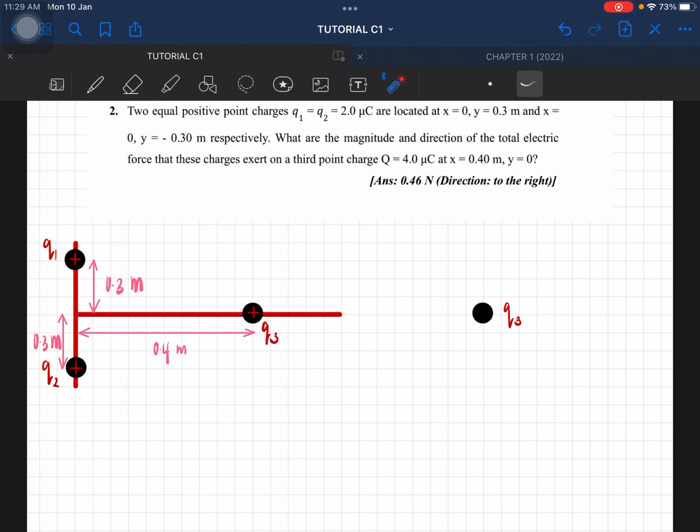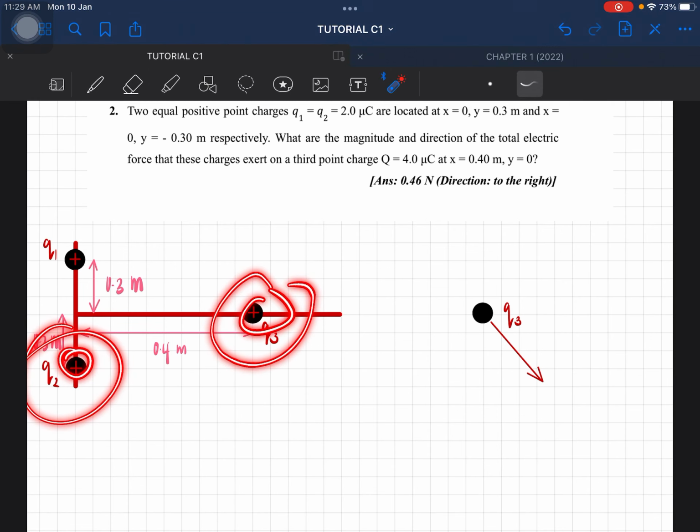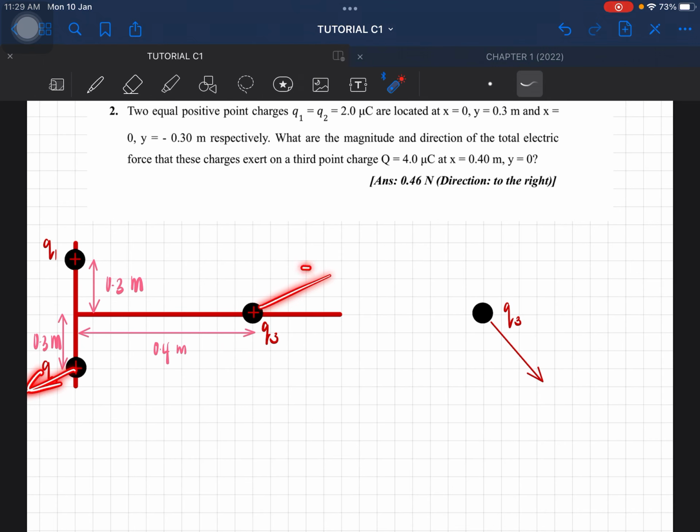So the direction of the force due to charge 1 will be here. And then for charge 3 and 2, this is positive and positive as well, so this will be pointing away from each other again. So this is gonna be here.